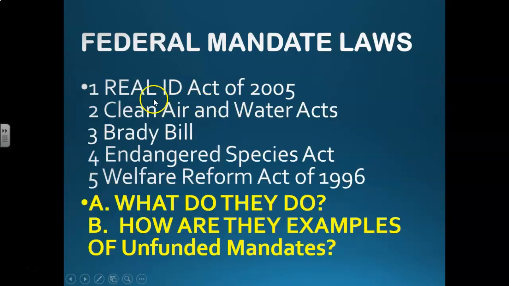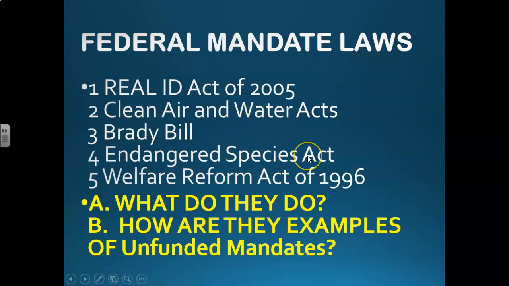There are a couple of other ones. There's the Real ID Act, which says that if you're going to have a driver's license that's going to be accepted by the federal government, it has to have certain things on it. And Missouri does not, so a regular Missouri ID does not. So you have to get a Real ID. The Clean Water and Clean Air Act basically had the federal government telling states you have to clean your air and you have to clean your water, and we're not paying for it.